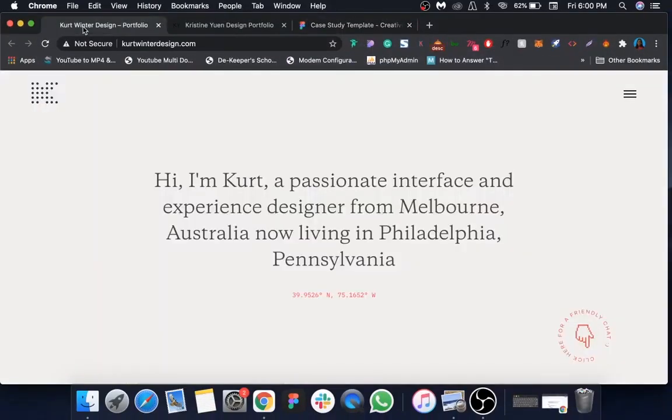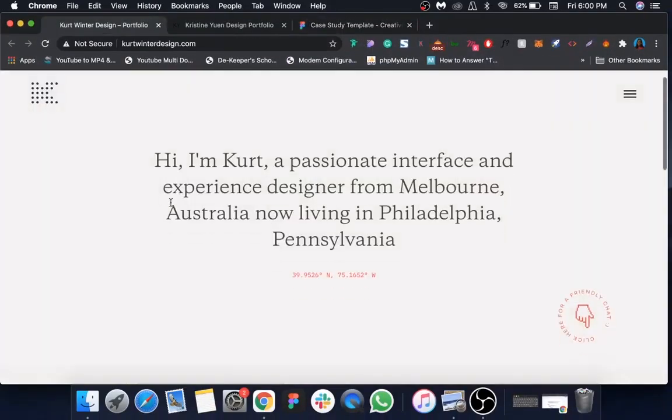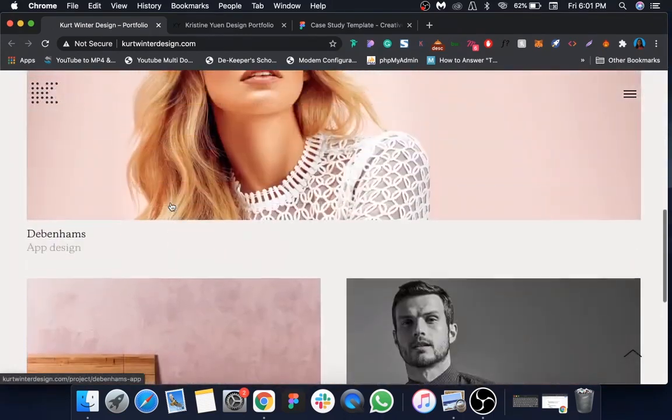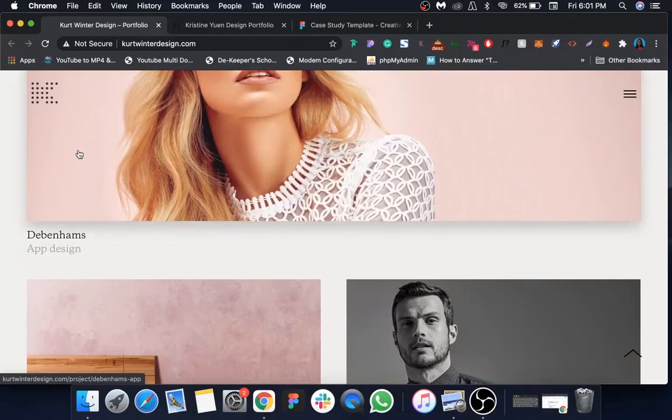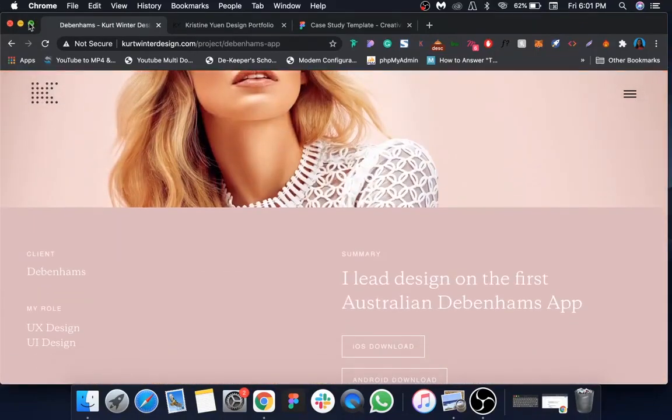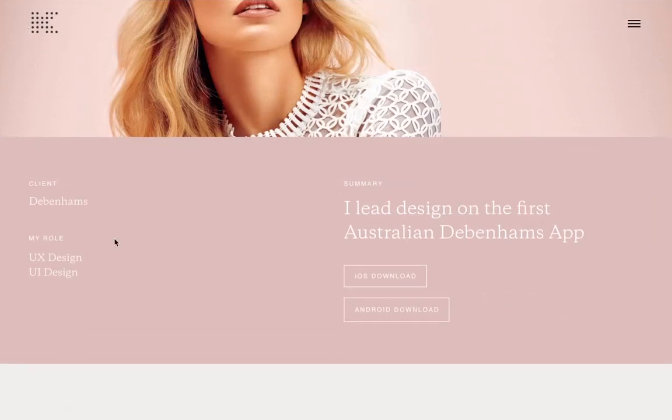All right, so the first example is Kurt's Winter. We'll be looking at one of his case studies. You see here it has the client. As I said, you might want to include what the client was, a summary, right?